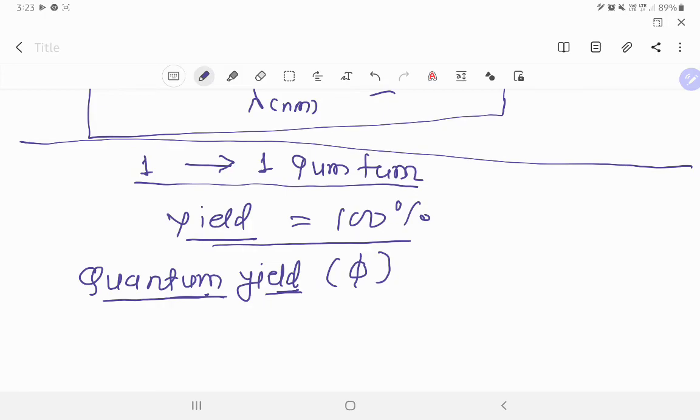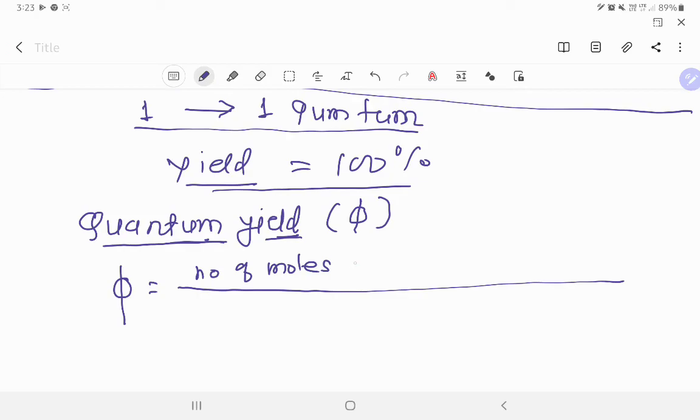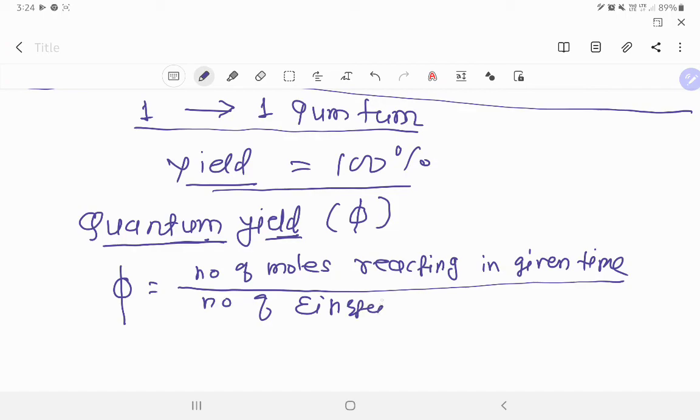Then phi should be the ratio of the number of moles reacted or reacting in a given time, divided by the number of Einstein absorbed in the same time.